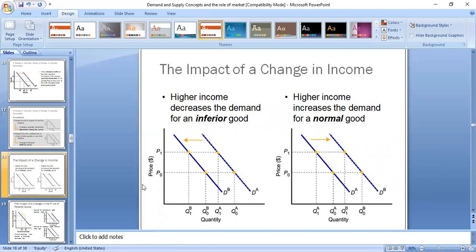So in all this, we are assuming that it is a normal good, right? Where we have seen that, in terms of income for a normal good, as the consumer's income increases, the quantity demanded will also increase, right?